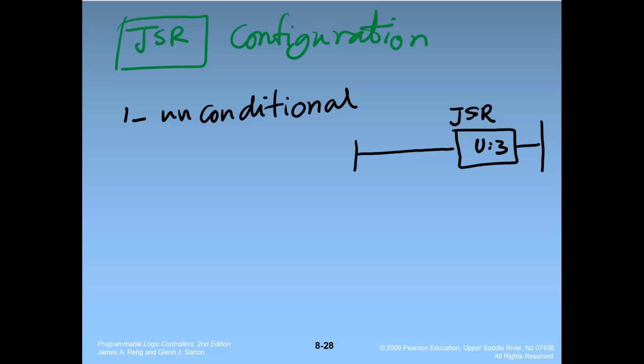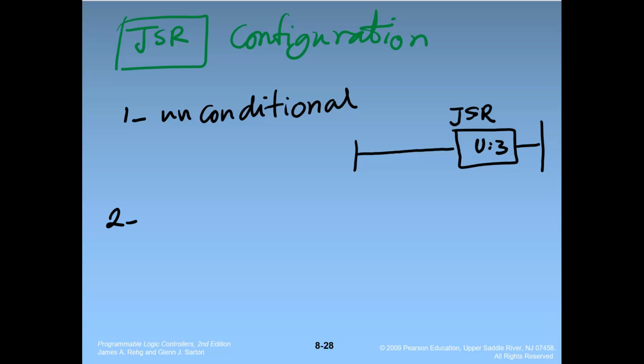So when the scanner reaches this rung of the program, it will be sent to a subroutine, and we have the address of the subroutine here, U colon 3, for example. This type of unconditional subroutine is appropriate for dividing a large program into logical segments for easier development and maintenance.